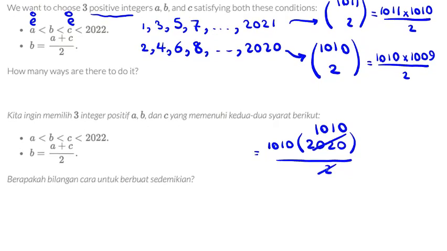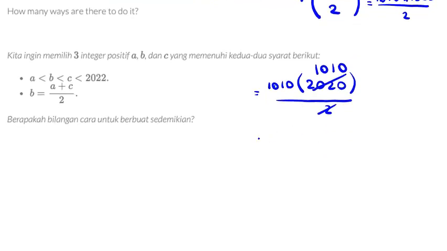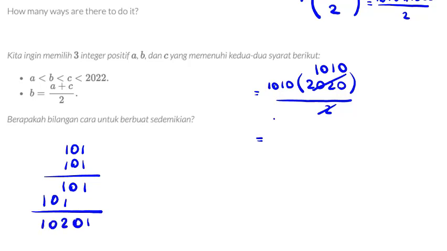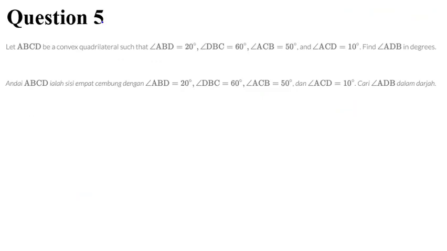So the answer is 1010 squared. If I multiply 101 times 101, it will be 10201. So the answer is equal to this.